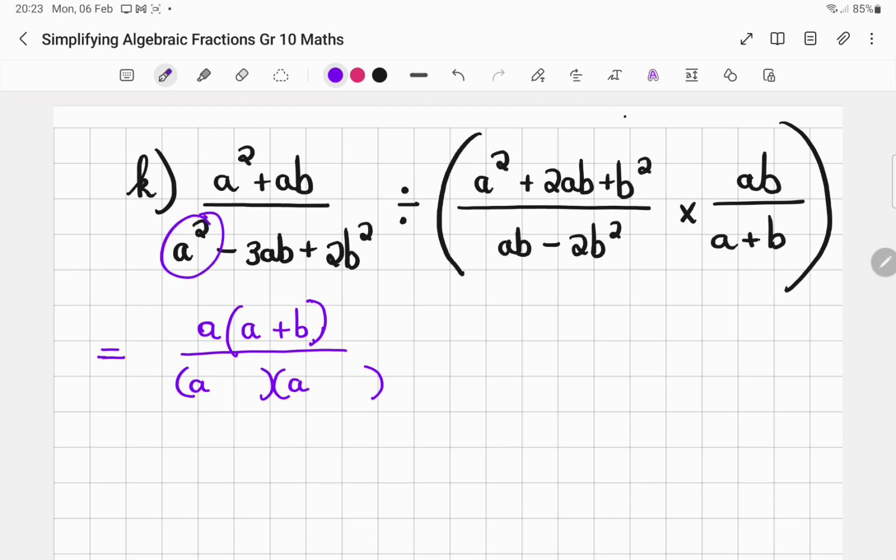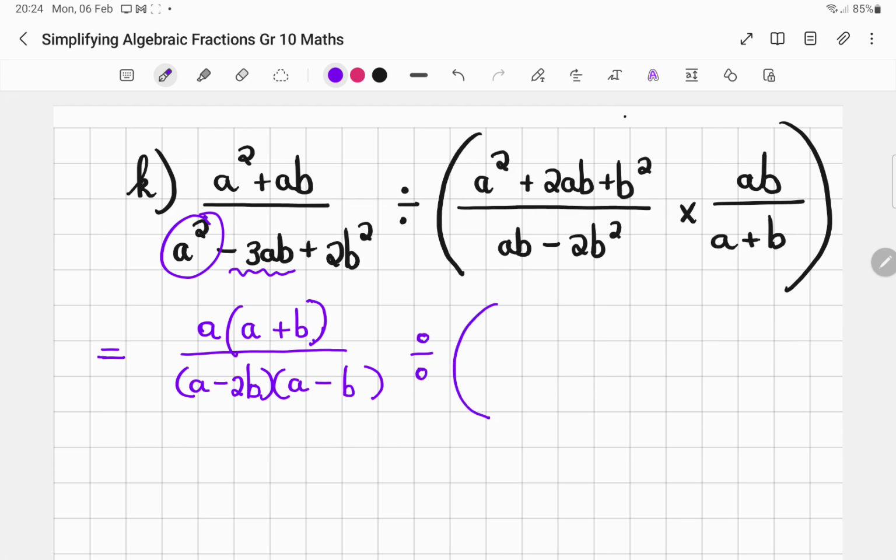Then a 2 and a 1, they're the same, they're both negatives. So we're going to have a 2b and a b. Let's see if that works out. A times a is a squared, minus ab minus another 2ab does give you the negative 3ab, and a negative times a negative is a positive. 2 times 1 is 2b squared. Good. Okay, I'm just going to keep the division sign like that for now.